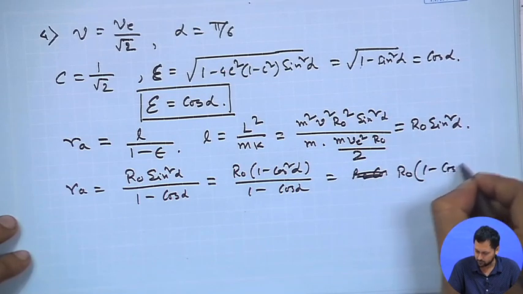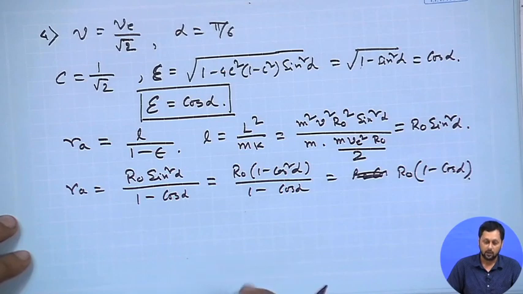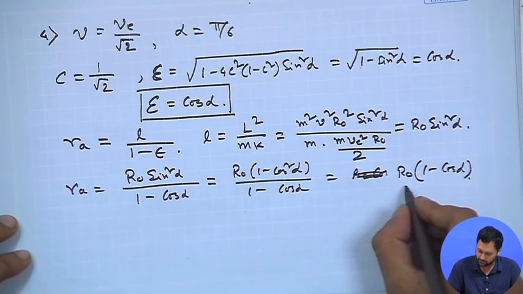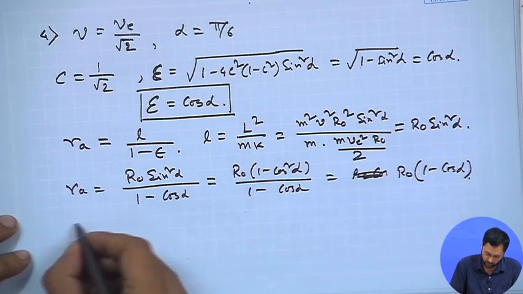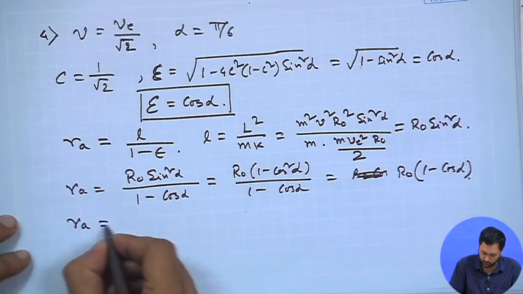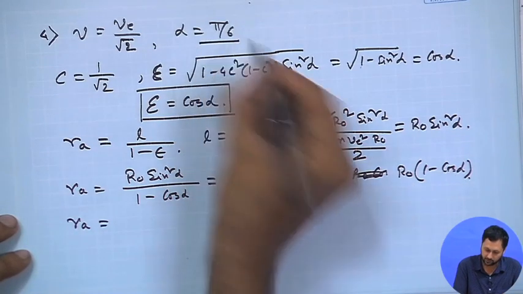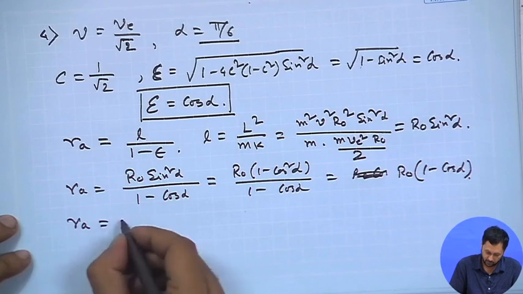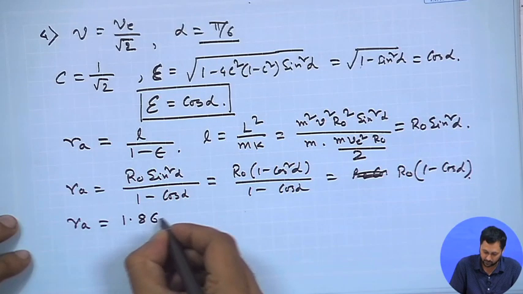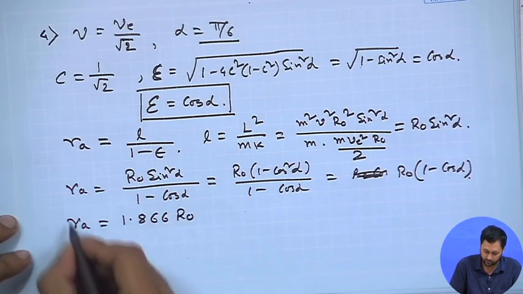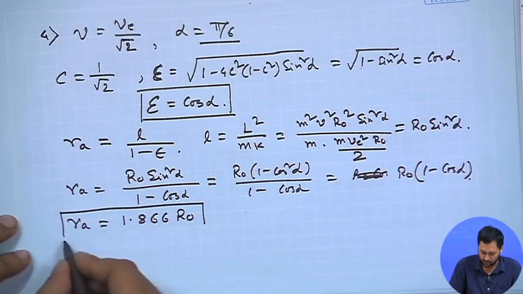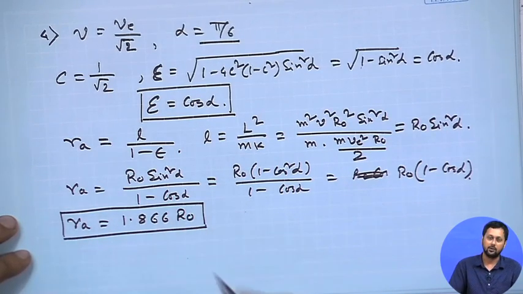So the maximum height achievable is r 0 times 1 plus cos alpha. If we put alpha equal to pi by 6 in this expression, it will be something like 1.866 r 0. So this is the maximum height to which this ballistic missile will rise.